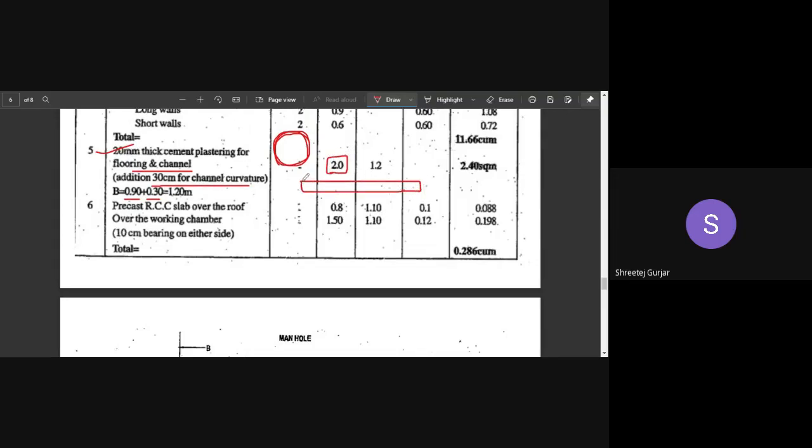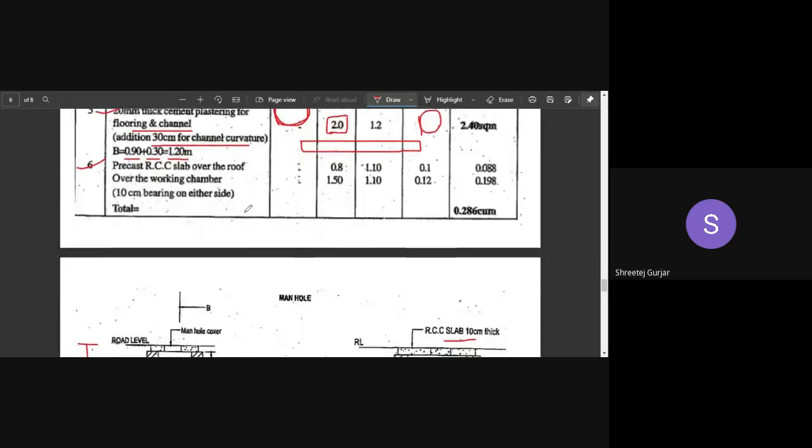So this length is 200, and then the breadth is 1.2. Because of the curvature, we have considered 30 centimeter extra. Okay, this is for flooring and roof channel. Then, last thing we are left out is the precast slab over the roof.